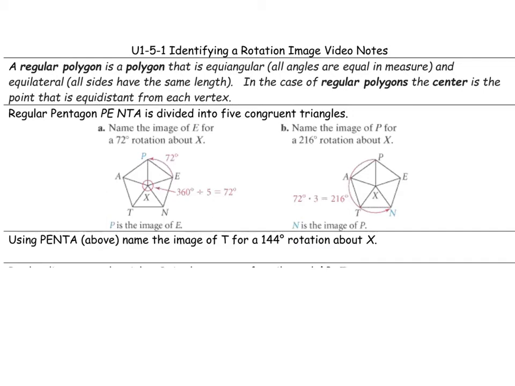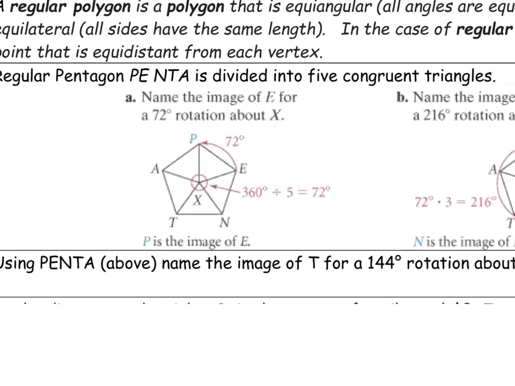Since we know that this pentagon is broken up into 5 identical triangles, and a full rotation is 360 degrees, 360 divided by 5 is 72, so each individual angle here is 72 degrees.